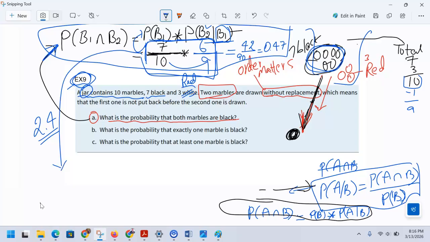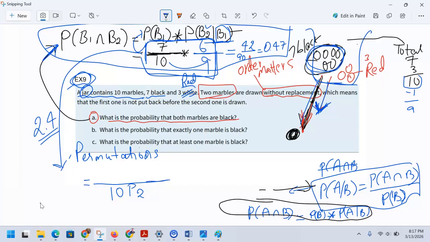Another way is using permutation. What does permutation mean? Since you are picking two marbles from the jar, what are the total possible outcomes? How many different ways can you pull out two marbles? Since you have 10, that should be 10P2.